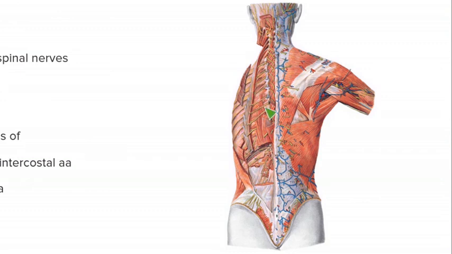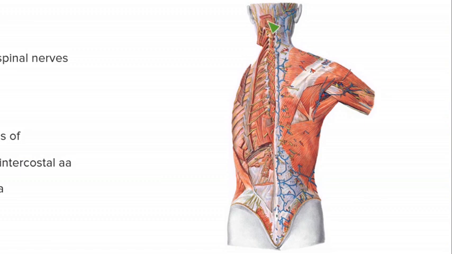These are the posterior rami of the spinal nerves in this general location. More superficially, branches of these posterior rami will pierce through the back musculature and will then provide innervation to the skin that's lying over the back more centrally.